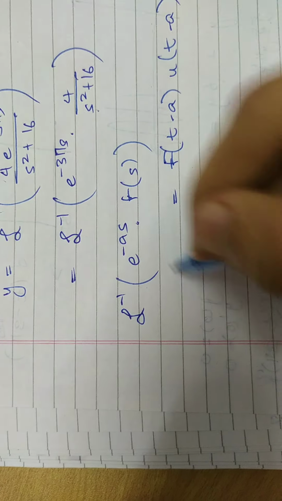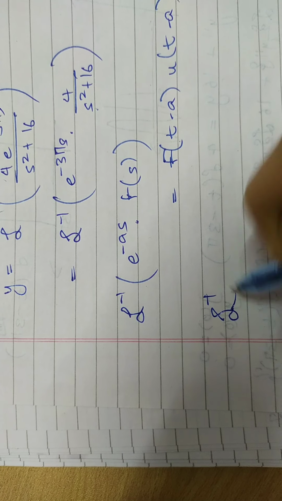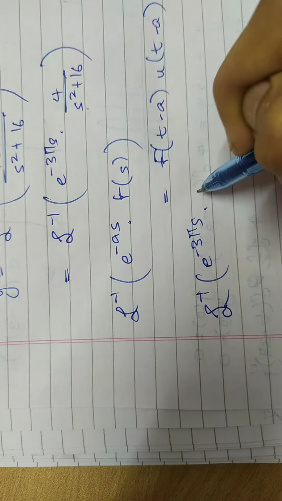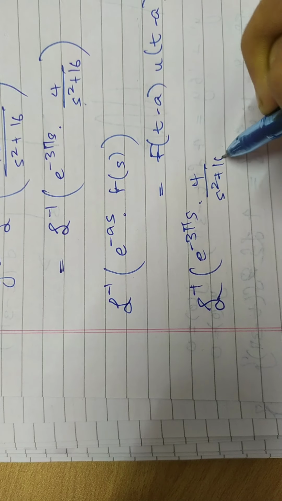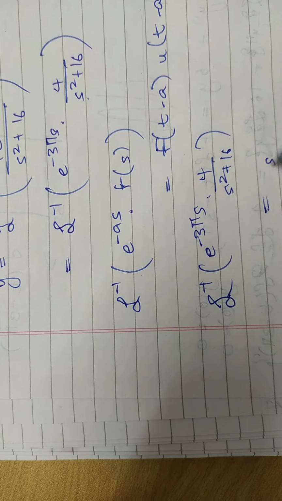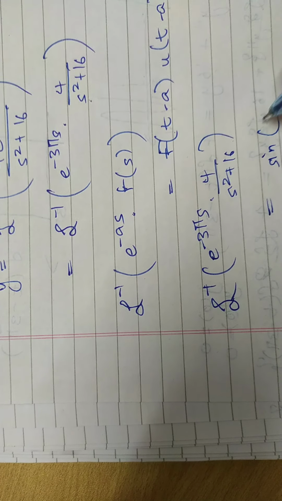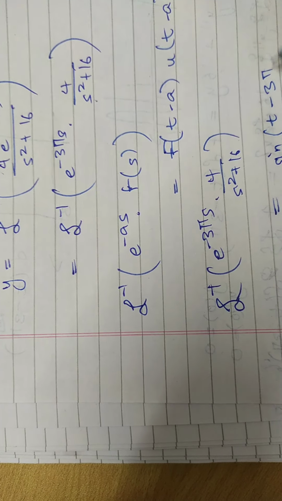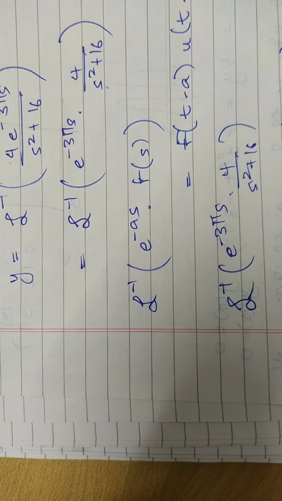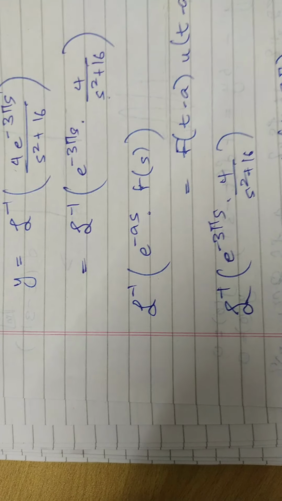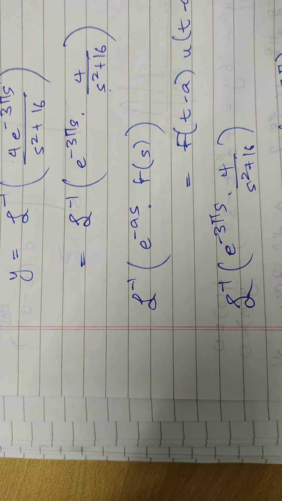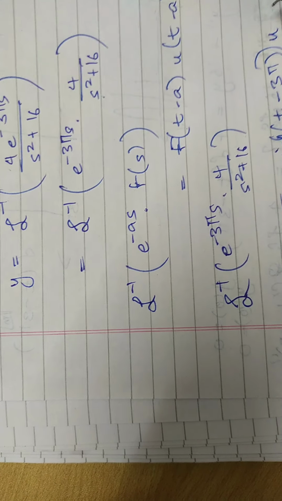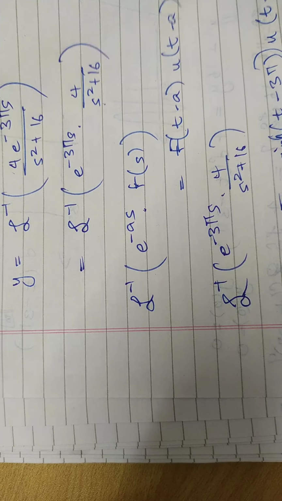So let's write that down here. Laplace inverse of e power minus 3 pi s times 4 by s squared plus 16 would be equal to sine of 4 times t minus 3 pi, times the unit step function of t minus 3 pi.